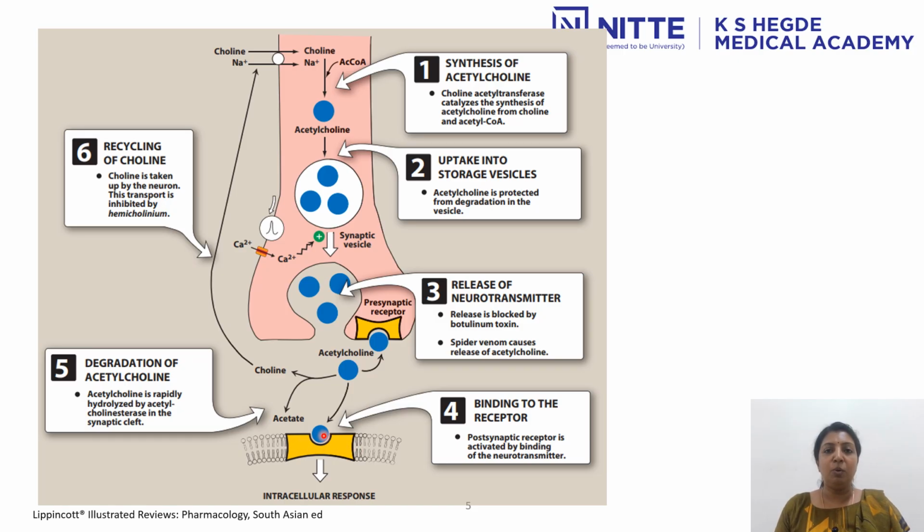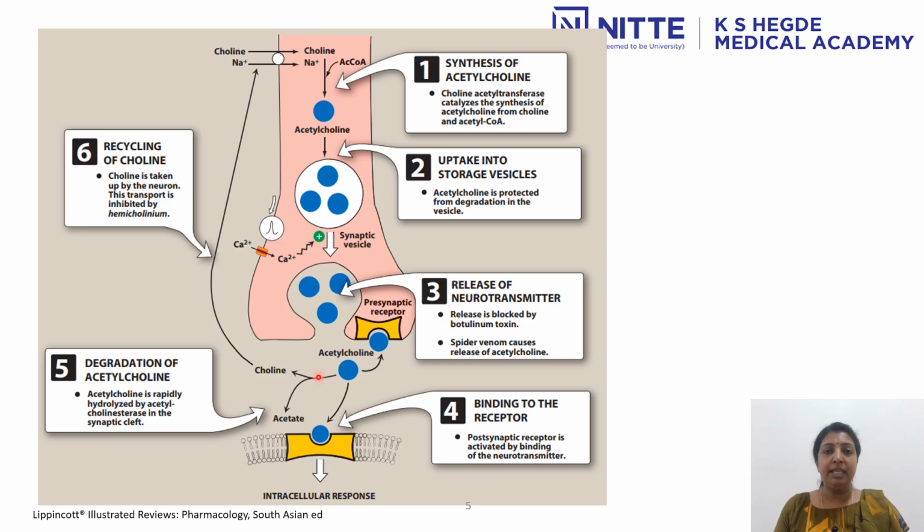You have cholinergic receptors like muscarinic receptors and nicotinic receptors. We'll be dealing with the receptors in the next video. For now, you have to understand that there are postsynaptic receptors on which acetylcholine will bind and produce a response. Next step is degradation of acetylcholine, or termination of its action.